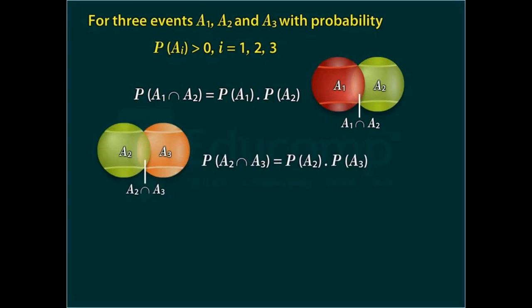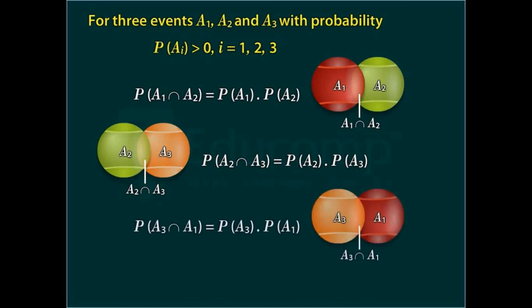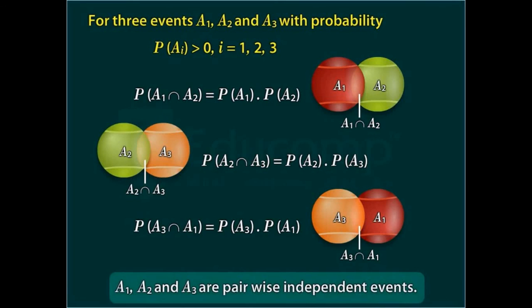P of A2 intersection A3 equals P of A2 into P of A3. P of A3 intersection A1 equals P of A3 into P of A1. Then A1, A2 and A3 are pairwise independent events.